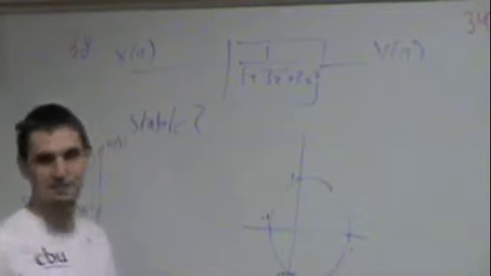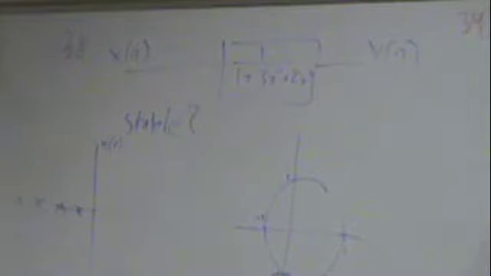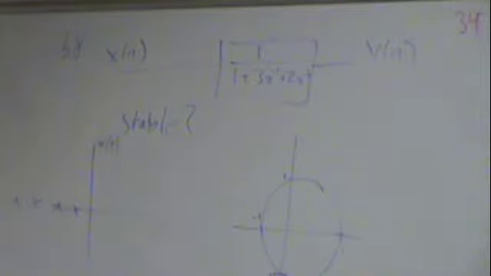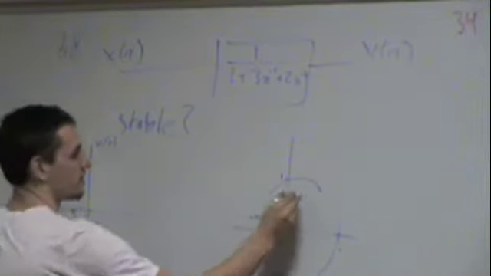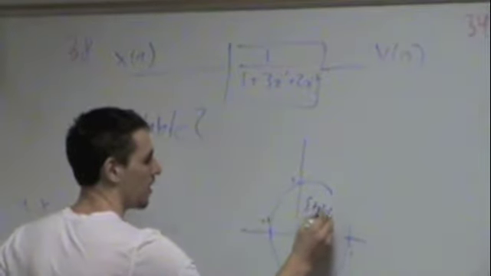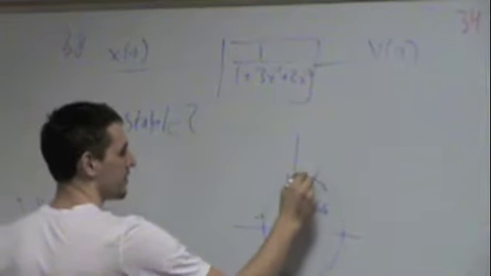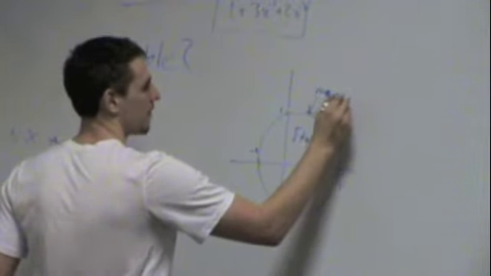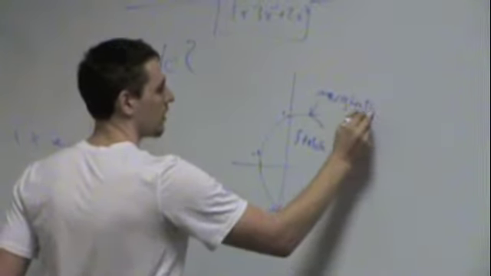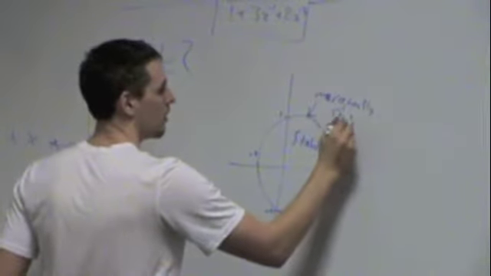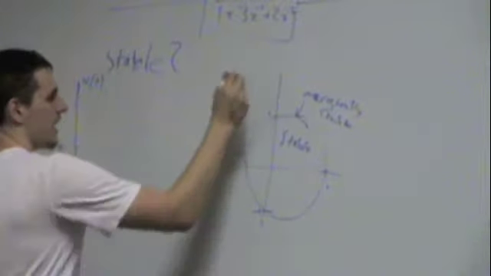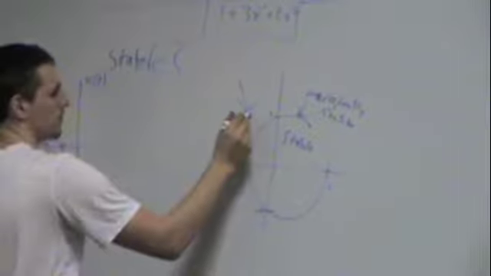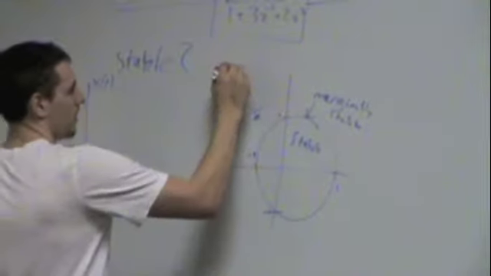That's a perfect circle, right? So, if they're in here, they are stable, and if they're on the surface, they're marginally stable. And if they're outside, they are unstable.